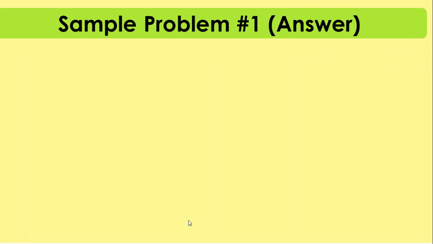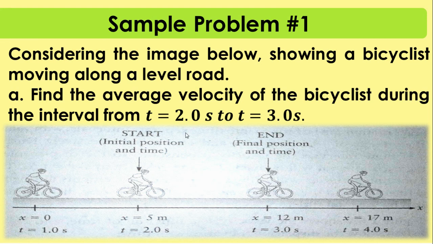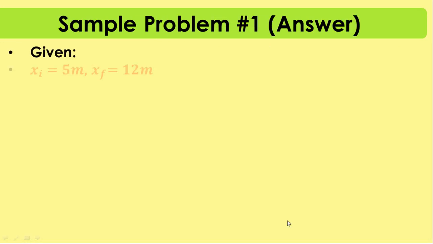Now, let's have the sample problem number 1 answer. Now, for the given, the initial position is 5 meters and the final position is 12 meters. Saan po natin ulit makikita yon? Dito sa given image. Again, we have initial position 5 meters and the final position is 12 meters.